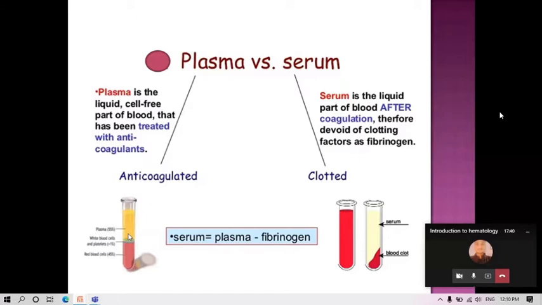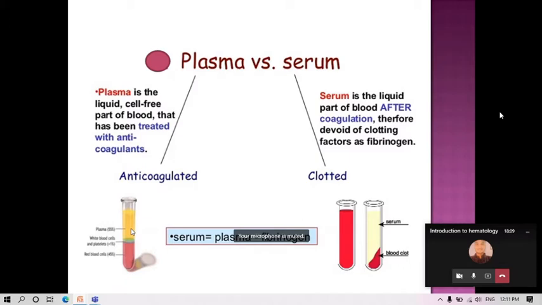If you leave this anticoagulated blood for some time, the RBCs will come to the bottom, the rest of the fluid will come on top, and in the middle the WBCs and platelets will settle. This straw colored, light yellow, acellular fluid is known as plasma.